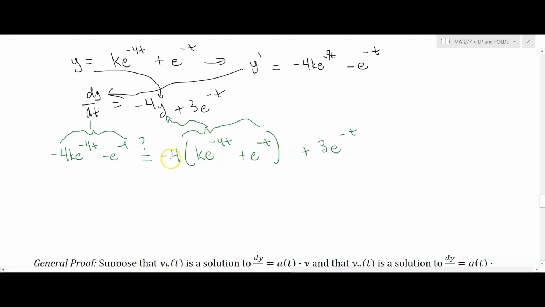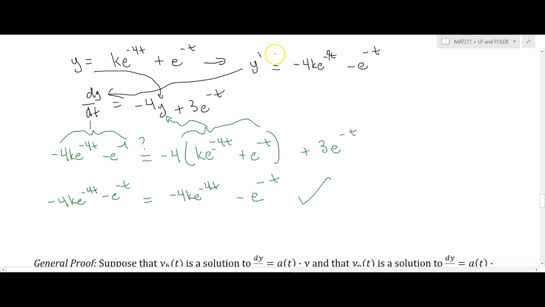When I distribute this, I'll get negative 4k e to the negative 4t, and negative 4e to the negative t, but then I'm adding positive 3e to the negative t, so this leaves me with negative e to the negative t. And check it out, the two sides are, in fact, equal to each other.